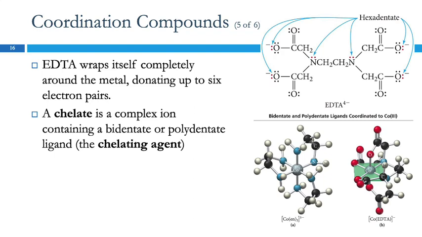So here we have, this is cobalt with 3 ethylene diamines. They're each acting as bidentate ligands. And here is a cobalt with just 1 EDTA ion wrapped around it and binding 4 places.